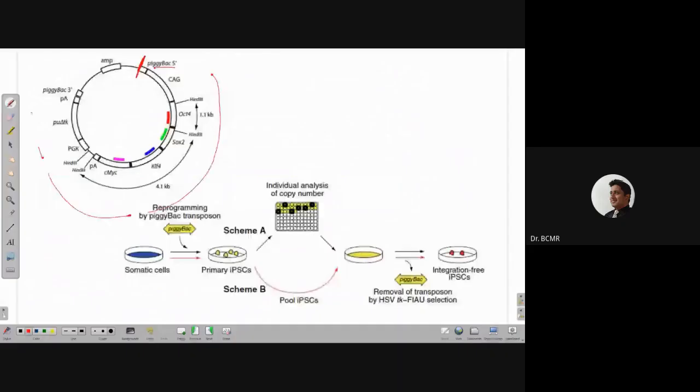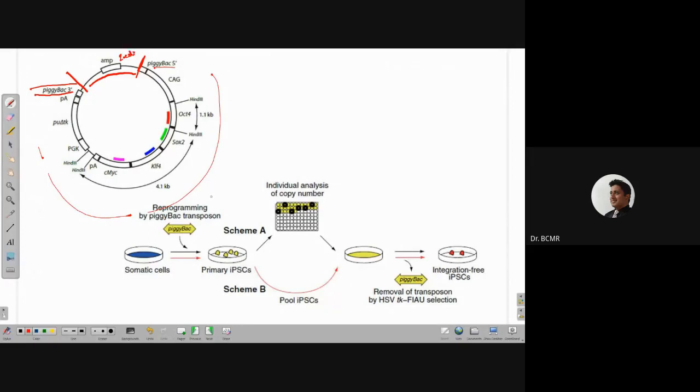So these people used a smart way. This is the 5' side of the piggyBac vector, and it goes all the way. All of this is the transposon vector. Here you have the 3' side of the piggyBac vector. A very small fragment of this is for manipulation within E. coli.